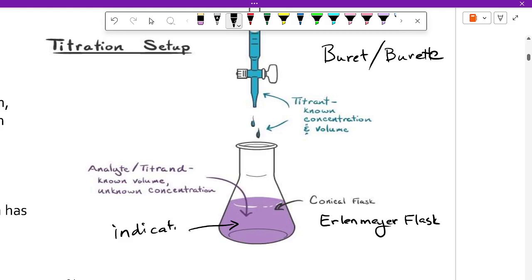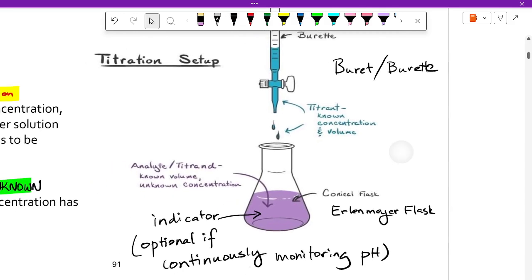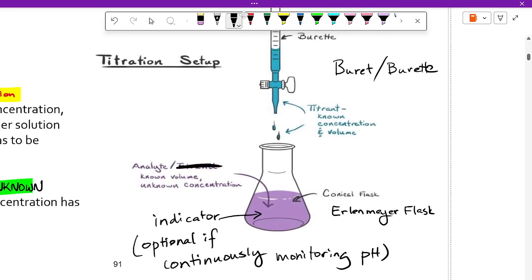But if you're monitoring with pH, you don't have to have an indicator. Okay? I'm going to get rid of the word titrant. That irritates me. Sample. There we go. Okay.